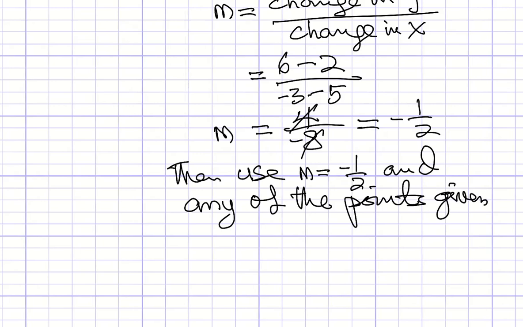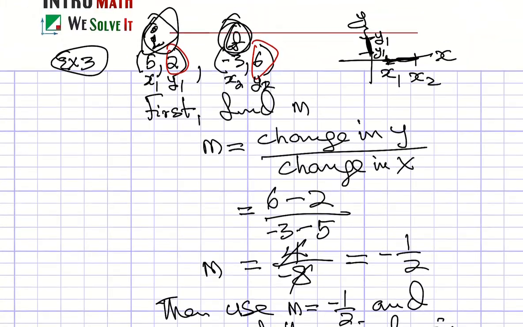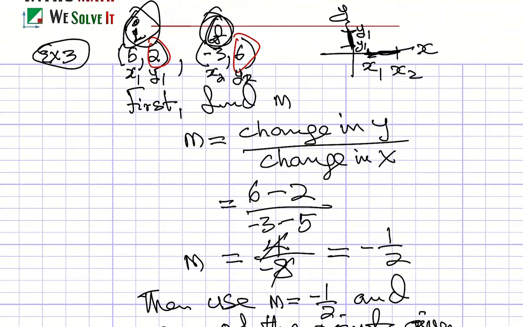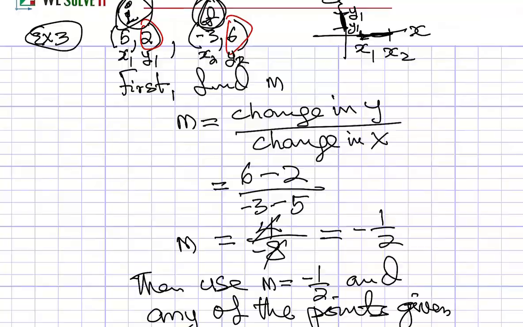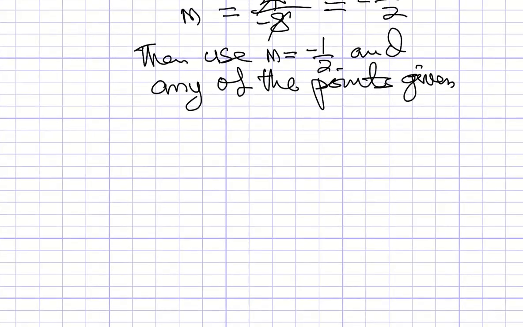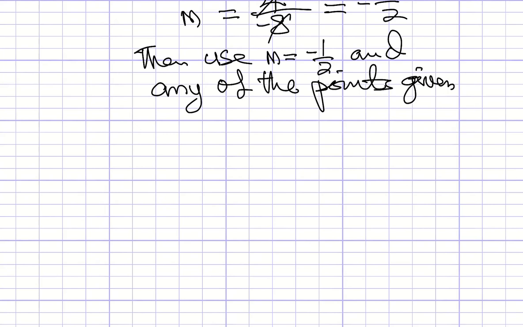So we're gonna use the final point. Well, let's use the initial point, it doesn't matter. And then we'll say, remember, the point slope form is y minus y1 equals slope times x minus x1, okay?